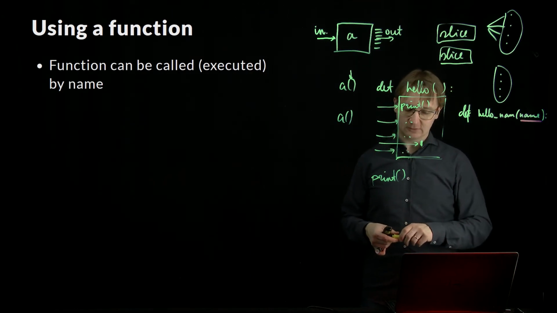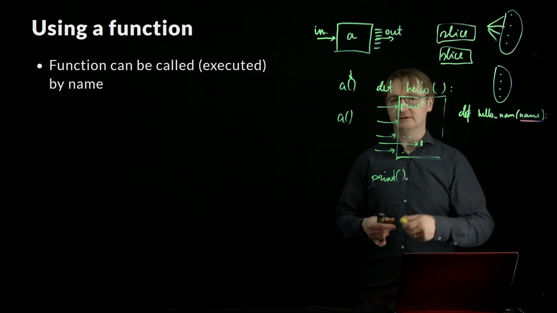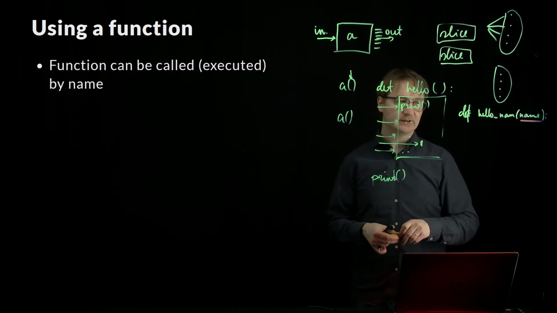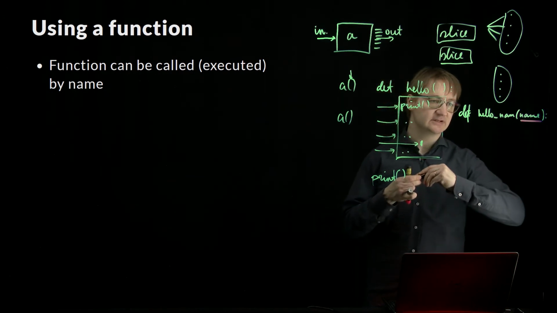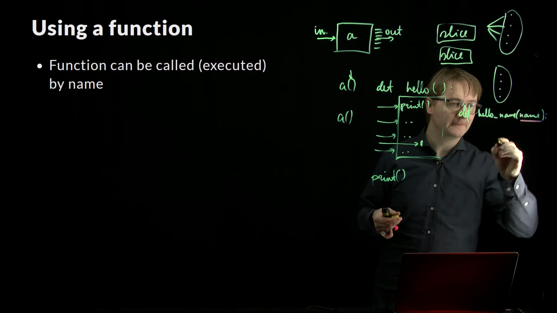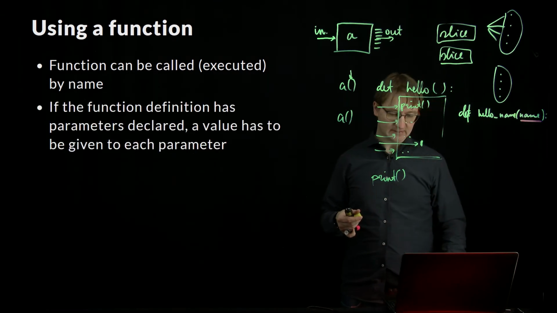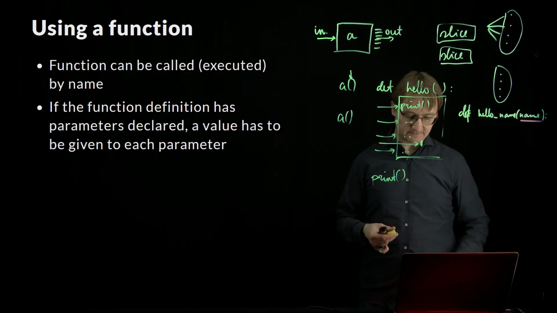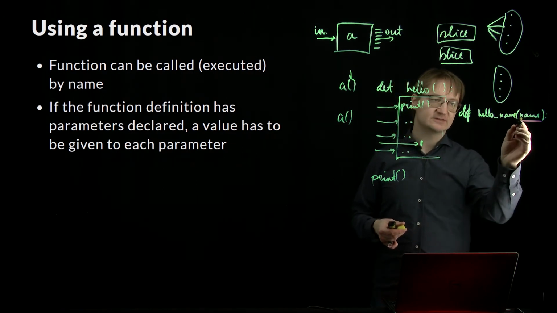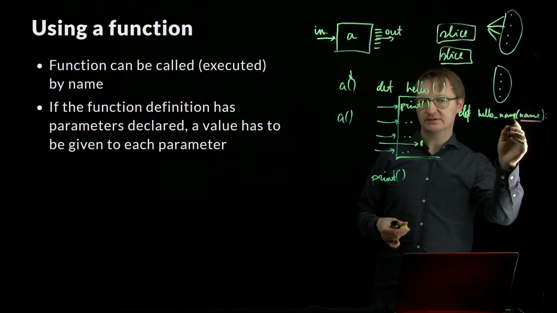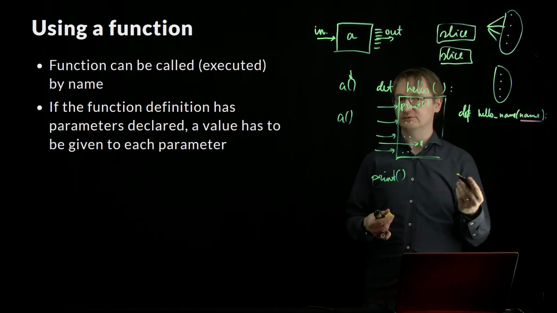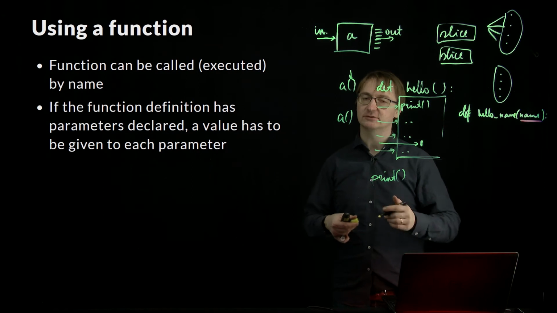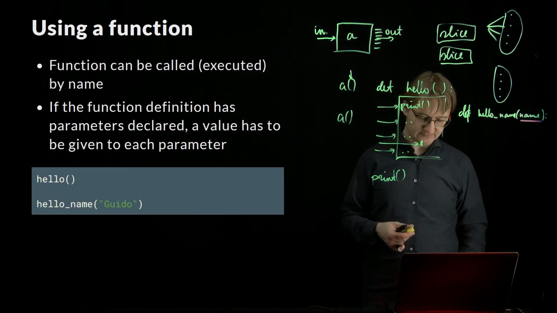So how to use a function? Functions can be called, so I can call the function by name. And as the name of the function is hello name, I can use the same name to call this function. And if this function has parameters defined, I have to pass those values in the function.